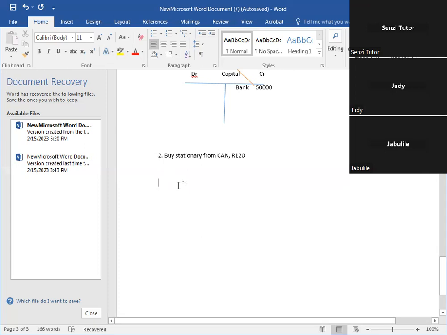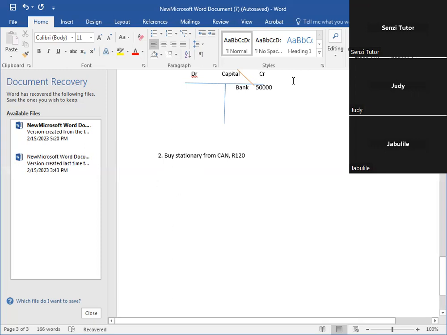We must also see whether they increase or decrease. The last one is whether we're going to debit or credit those accounts. Now let's start with our first question.